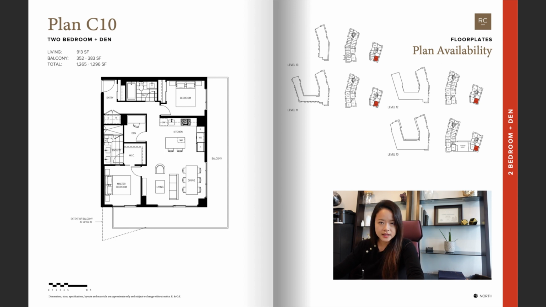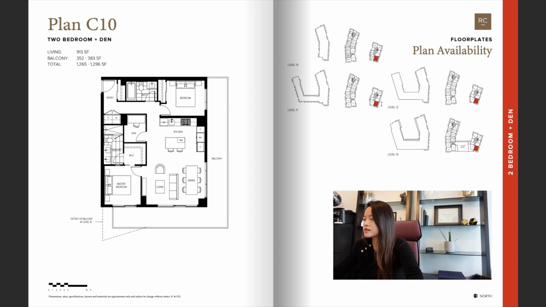So what the floor plate does is it shows you where this floor plan is located in the building. As you can see, it's well labeled here, level 10, 11, 12, and 13. That means this particular floor plan is only available on these floors, and on each of the floors, say for example level 10, it's located in this corner right here.